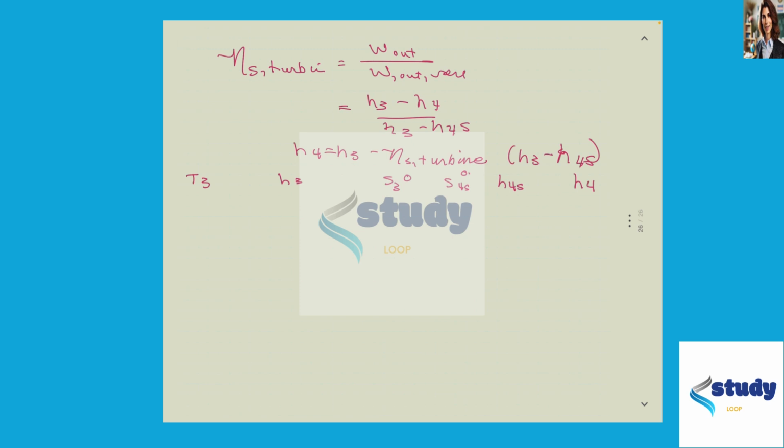My H's are in kilojoules per kilogram, and these two are kilojoules per kilogram Kelvin.